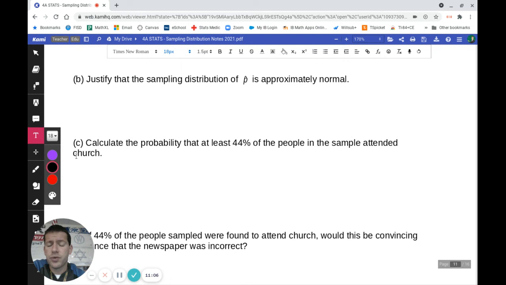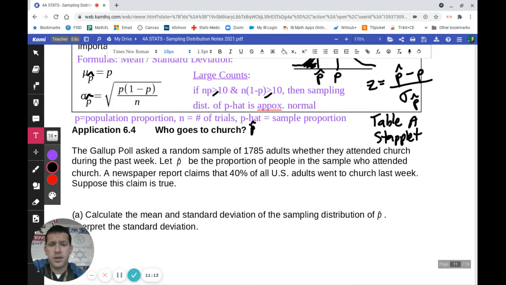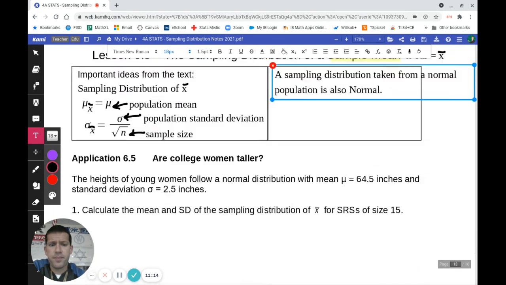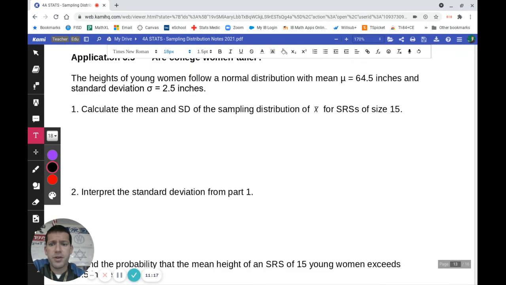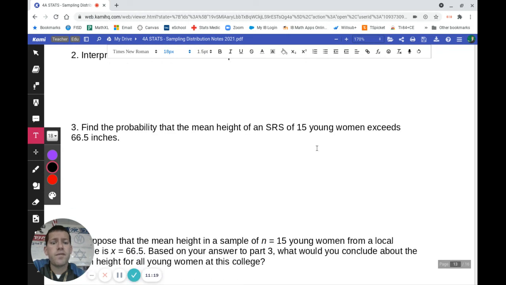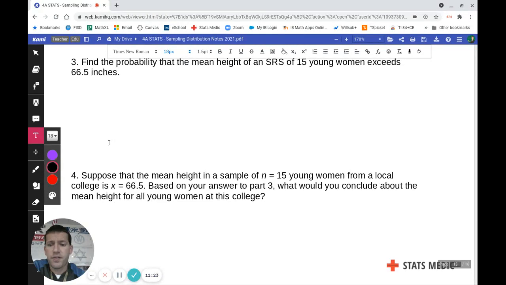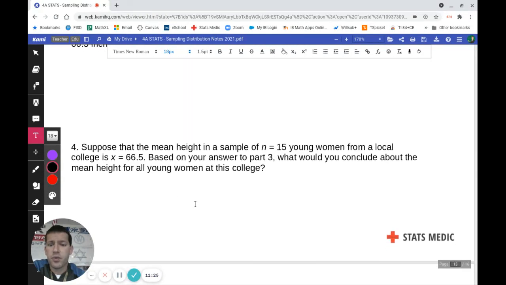And then you're going to use Statlet, your table A, or your calculator to calculate the probability that the mean height of 15 young women is taller than 6.5 inches. And then we can see what we conclude here.